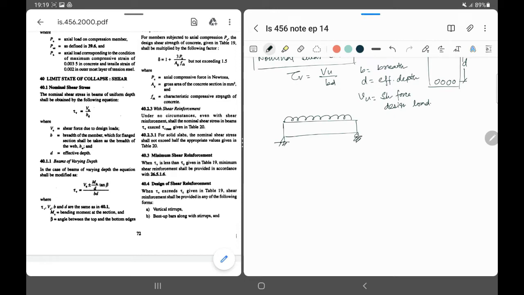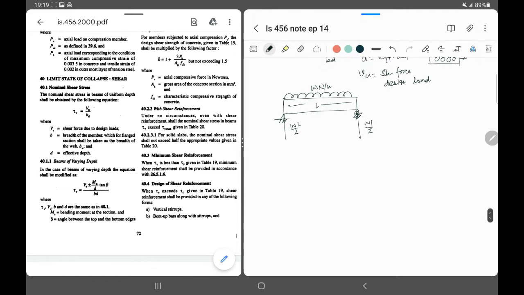What will be the reaction? This is WL by 2, where L is the span and W is in Newton per meter. The reaction is also WL by 2, and the maximum shear force is WL by 2. So here Vu should be WL by 2. I hope that is clear.